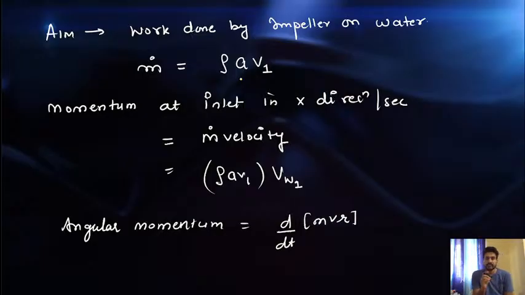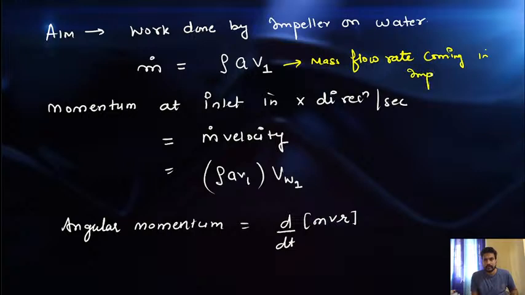V1 is the velocity by which the water is coming into the impeller. So rho A V1 is the mass flow rate coming into the impeller.